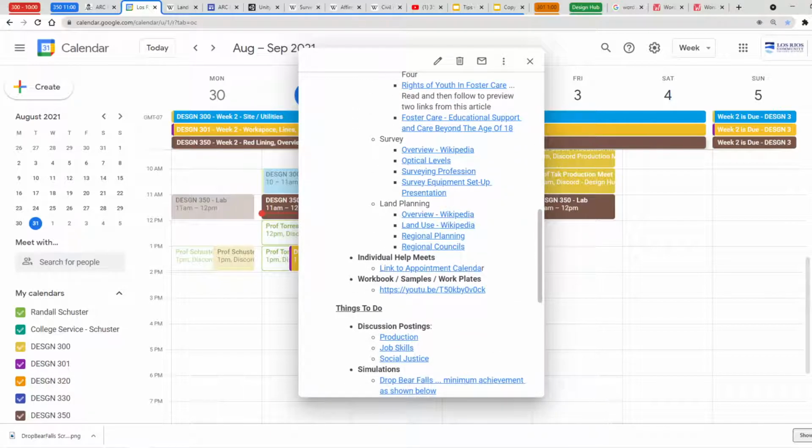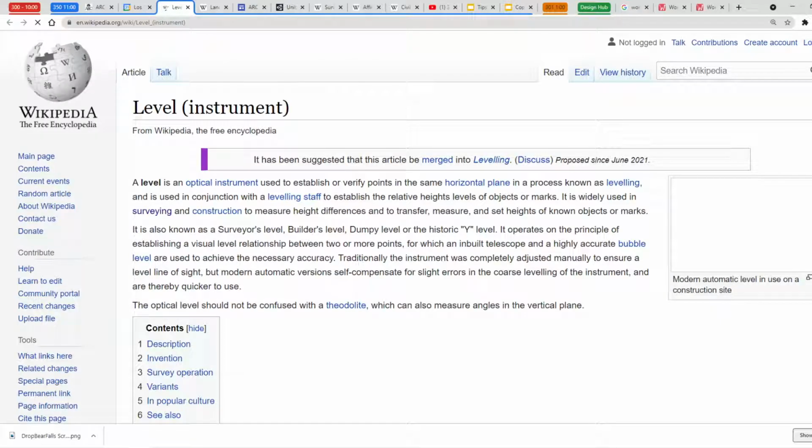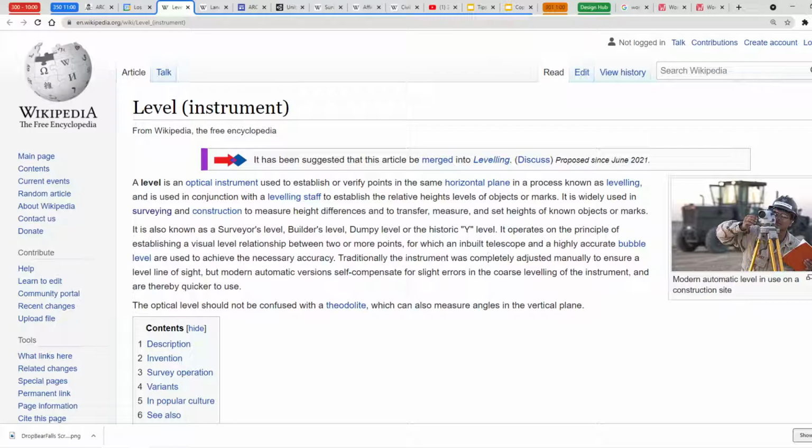Let's talk about surveying. I'm just gonna give you kind of an overview of how it works. Okay, so this is called an optical level.